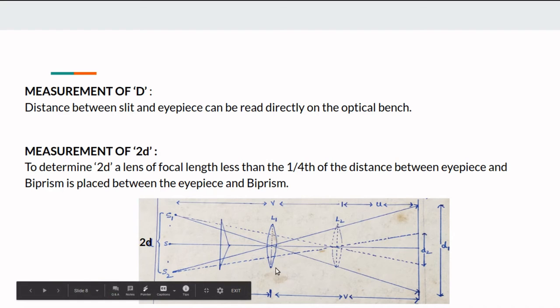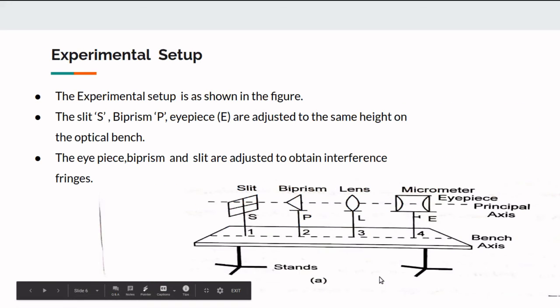Then a lens having focal length less than 20 centimeters, that is less than 1/4 of the distance between the eyepiece and the biprism, is taken, and it is placed between the biprism and the micrometer.